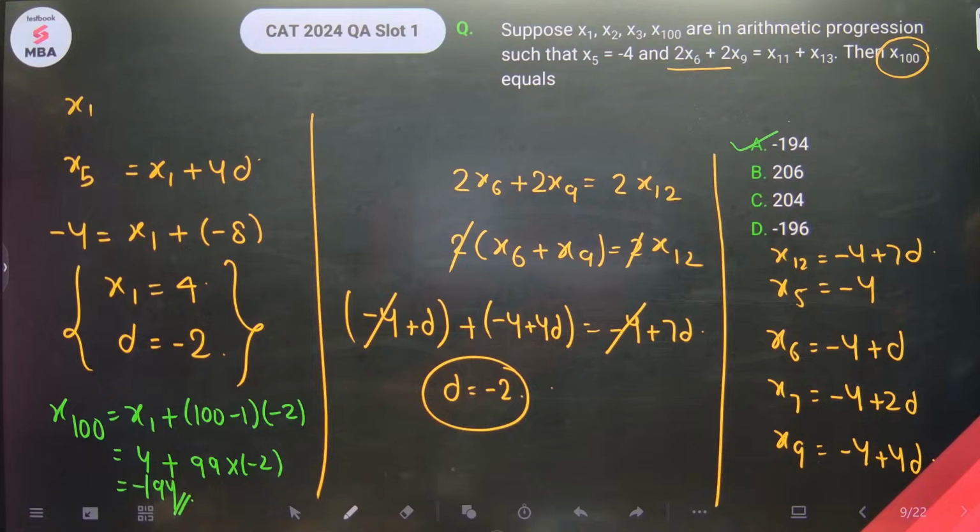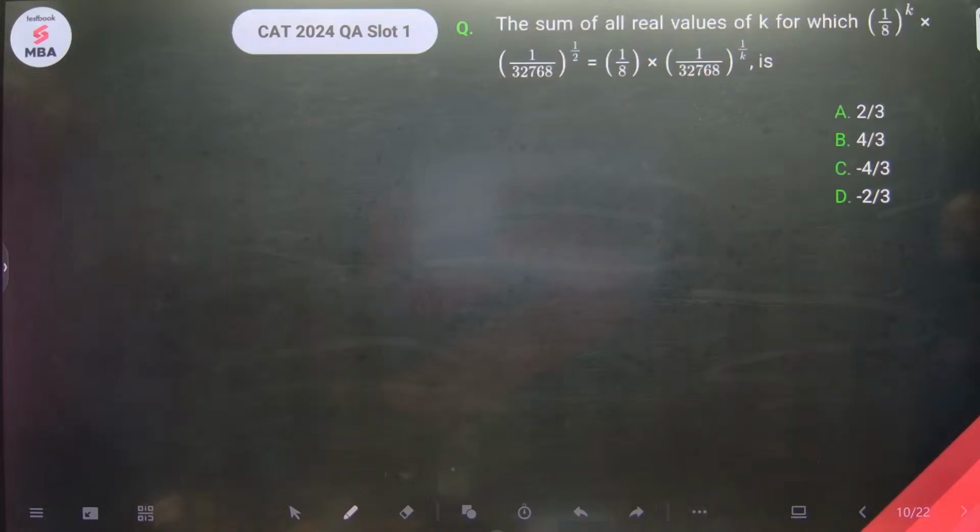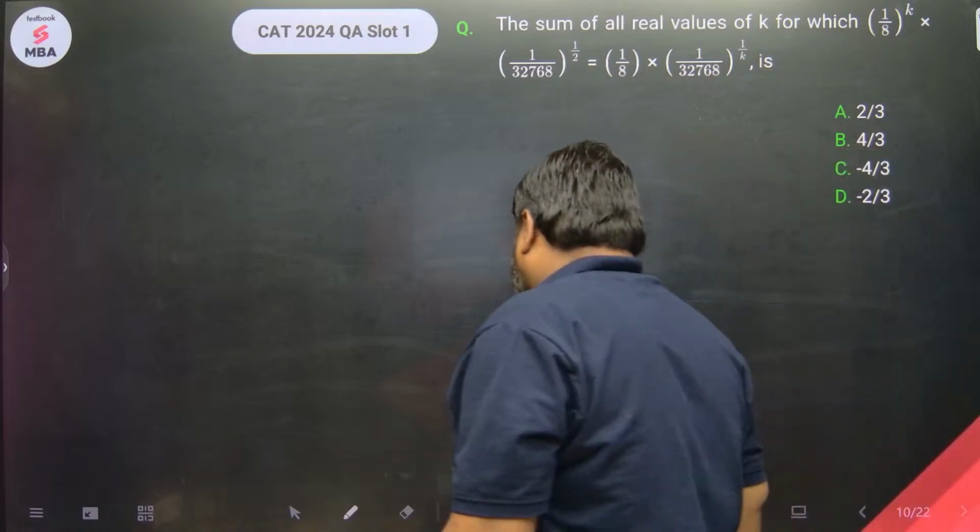CAT 2024 slot 1 question. Chalo, I want you guys to try these questions again. We have done this in class, not the same questions, but we have done enough theory that you can crack all of these questions. Very good, try this one.